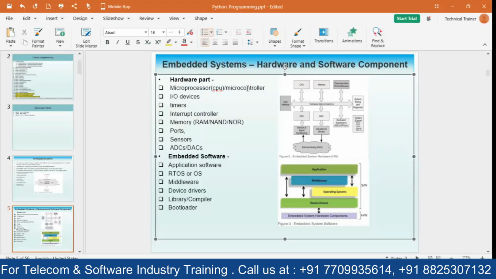Why is a microcontroller required? For example, in a calculator, if you only have to do simple tasks, the calculator doesn't need many things. So people use a microcontroller, because everything is there in the single chip: RAM, CPU, input and output interfaces. That's why the microcontroller is used.